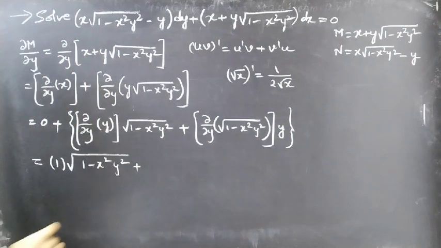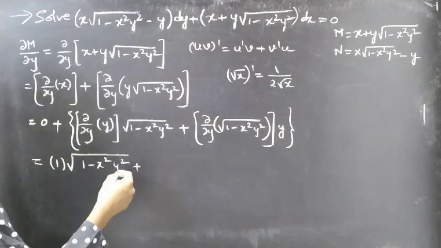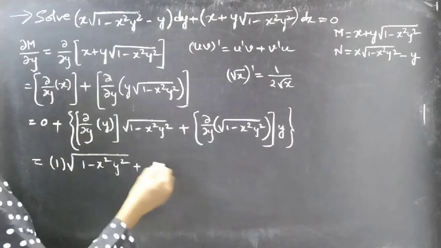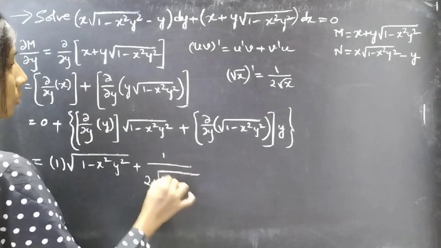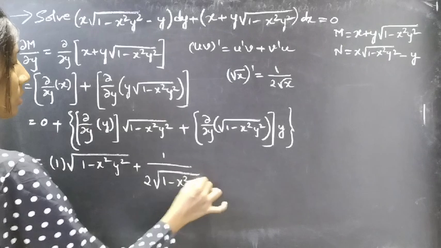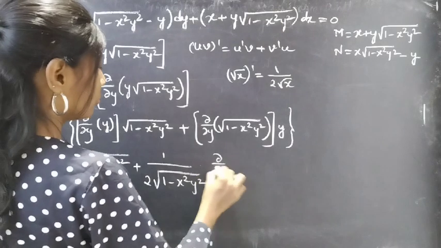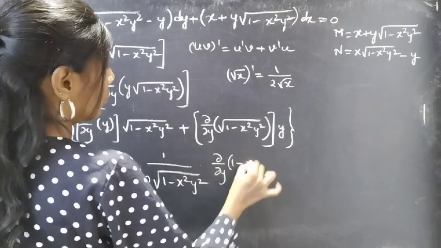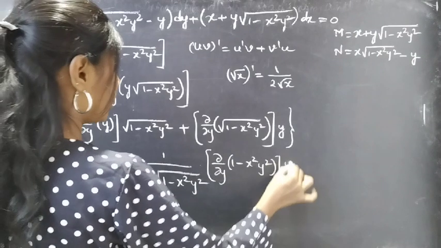So first we'll apply this formula and later we'll find the inner derivative. So we'll get 1 by 2 into square root of 1 minus x square y square into the partial derivative of 1 minus x square y square into y.